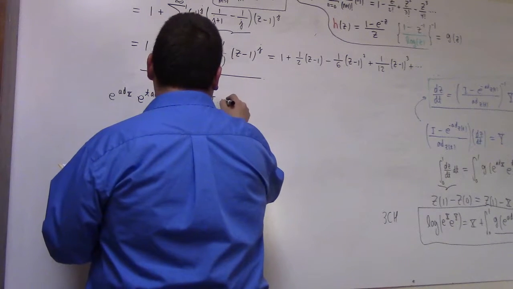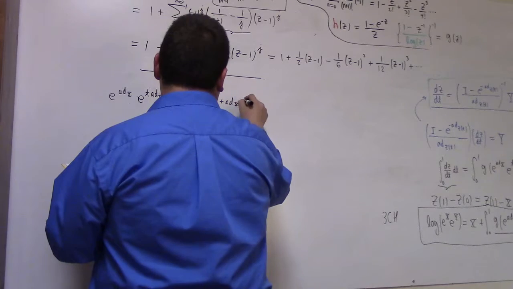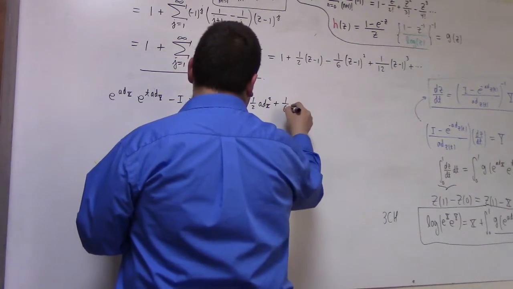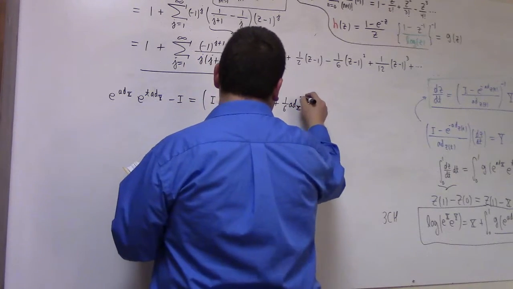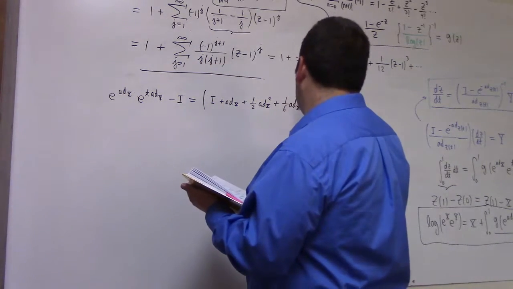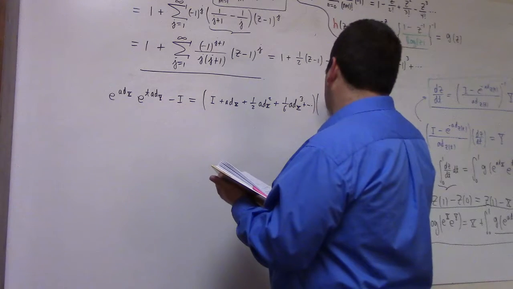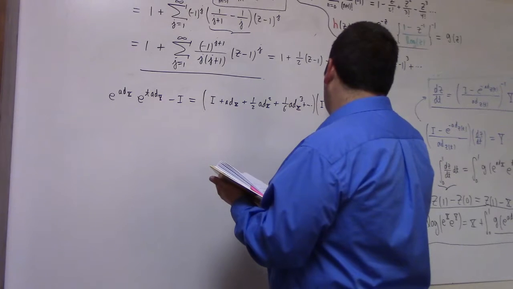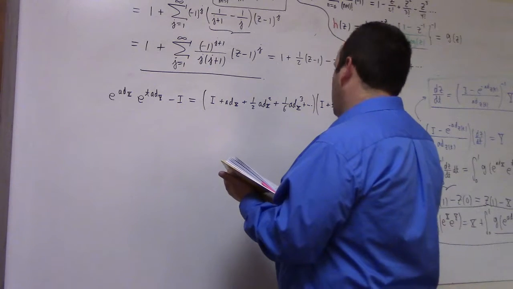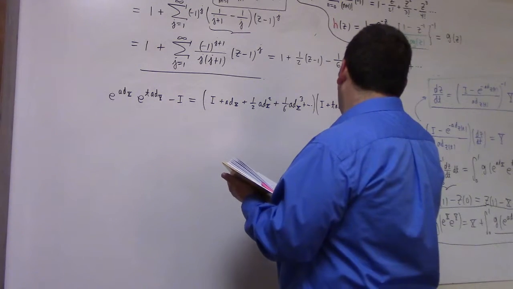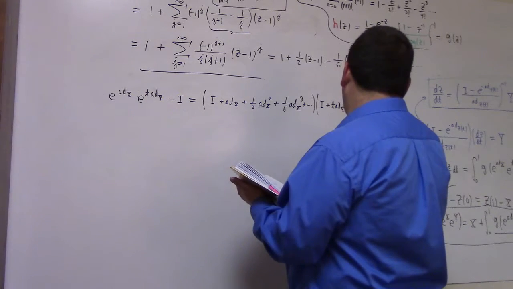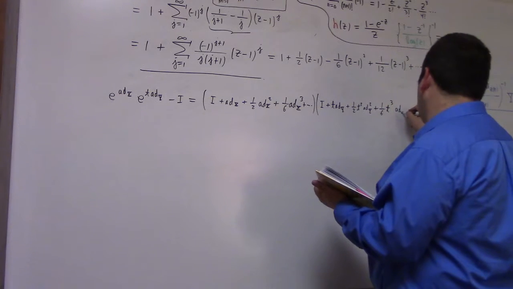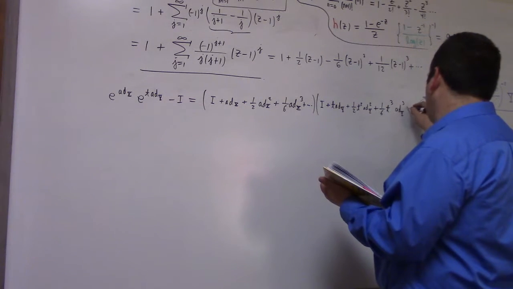Okay, so this is I plus the adjoint of x plus 1/2 the adjoint of x squared plus 1/6 the adjoint of x cubed, right? And so forth. And then we've got I plus t times the adjoint of y plus 1/2 t squared adjoint of y squared plus 1/6 t cubed adjoint of y cubed, and so forth.